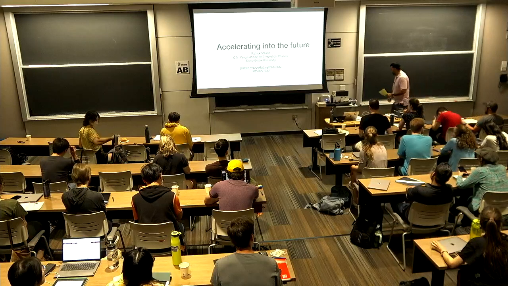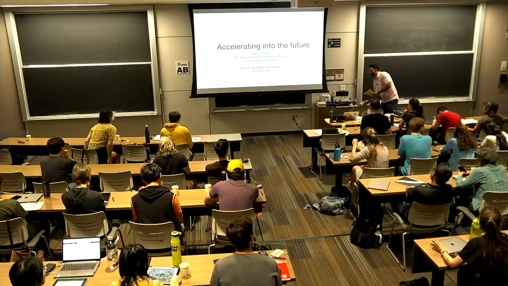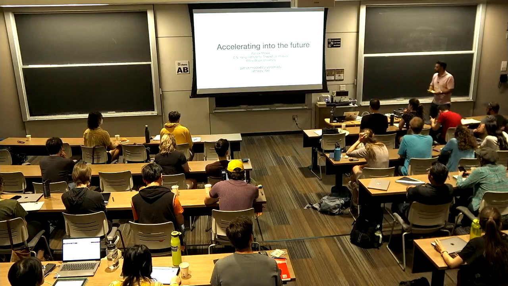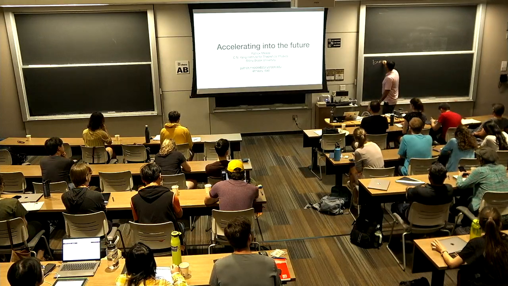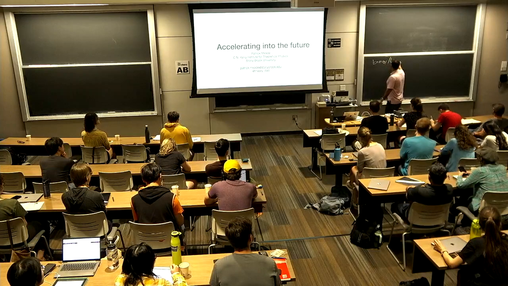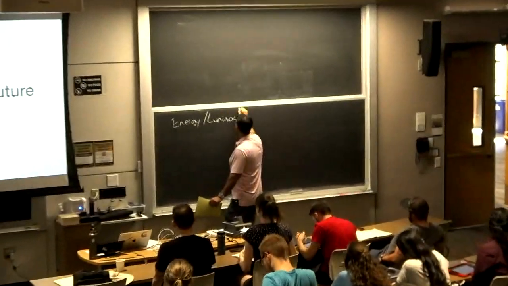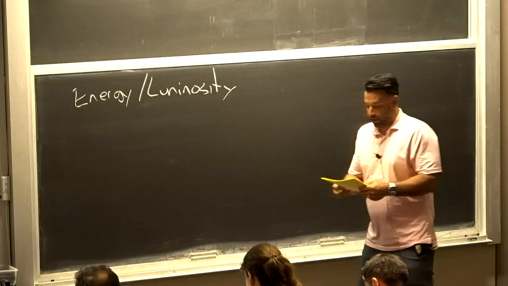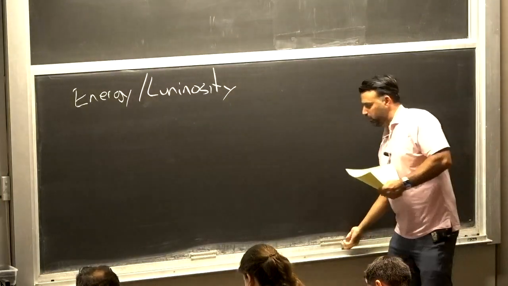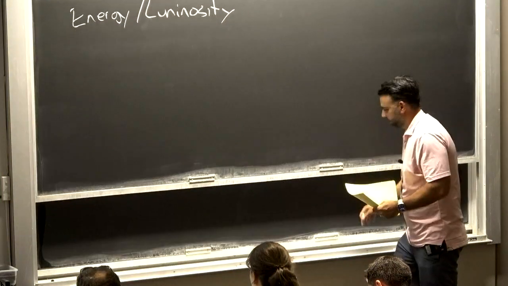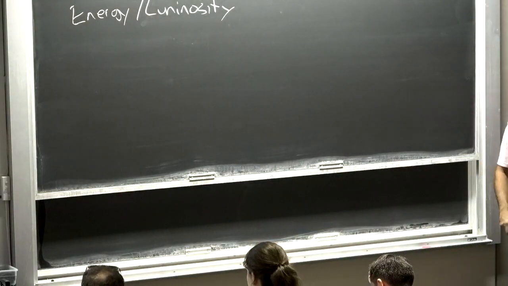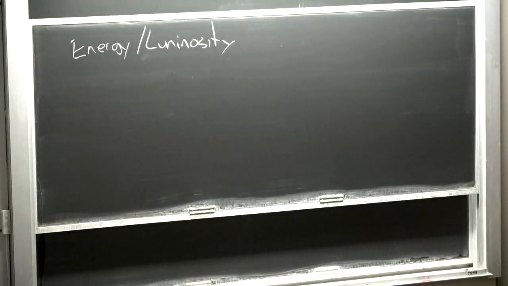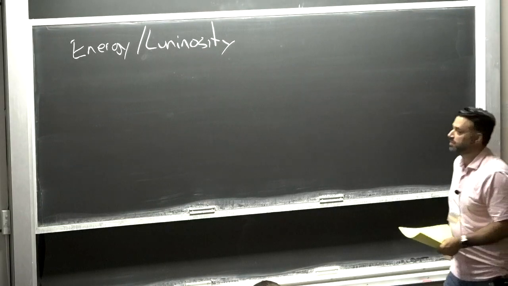Now, we had left off with the fact that accelerator parameters are more important than just energy and luminosity, which is typically what we restrict ourselves to as particle physicists. The example we gave was that we don't just care about the integrated luminosity, how many events we see, we also care about the instantaneous luminosity because that really sets the scope for our experiment.